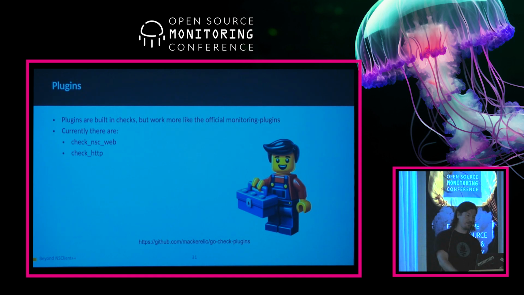But we also added check HTTP, TCP and DNS checks, just the most basic ones, because we use them a lot. So you can, for example, have your agent make sure that this Windows client can access certain web pages or something like that. And we didn't reinvent the wheel. We just used the existing plugins from here and adopted them.